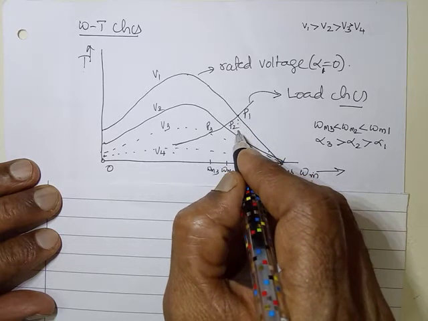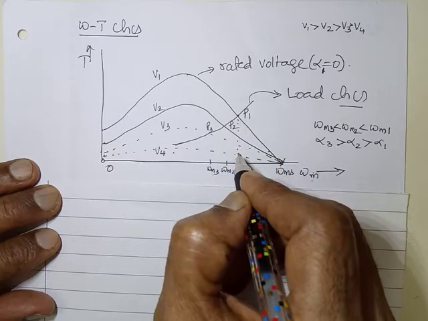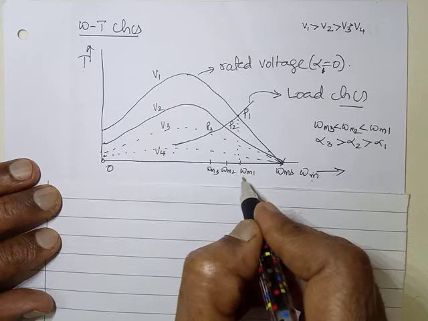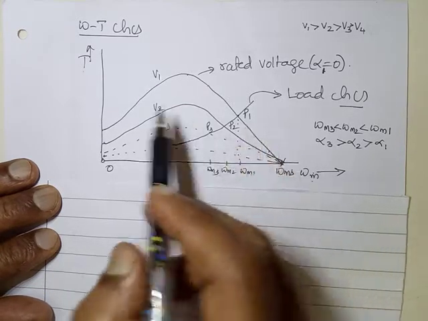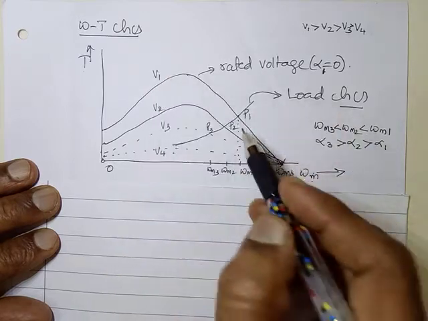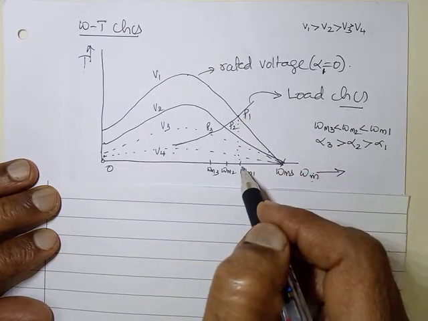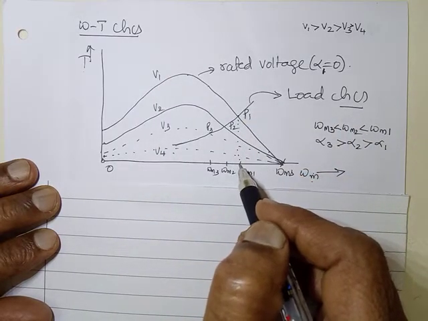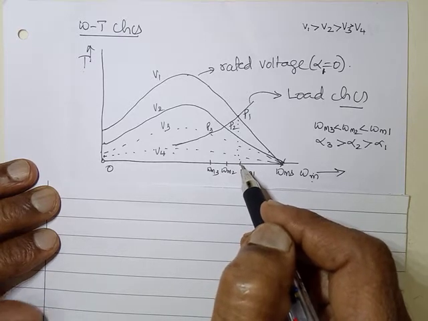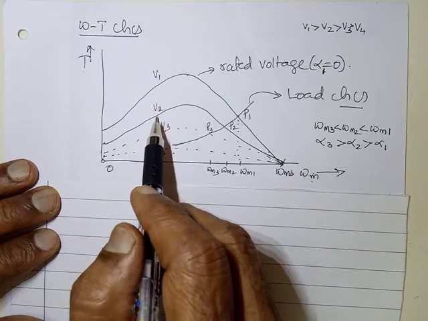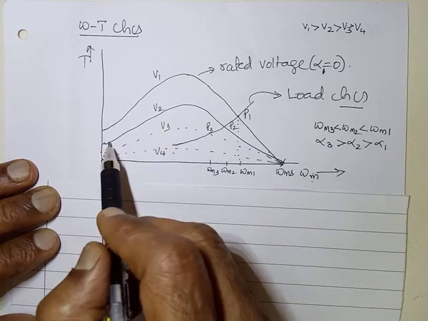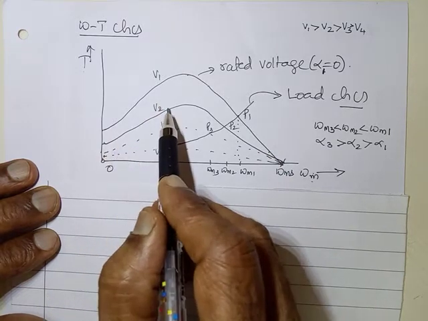Obviously, corresponding to P1, you can see here the speed is omega m1. So, when the voltage is V1, the motor will be operating at a speed omega m1. Okay, good. Now, if the voltage of the motor is reduced, let us say we have gone to V2.